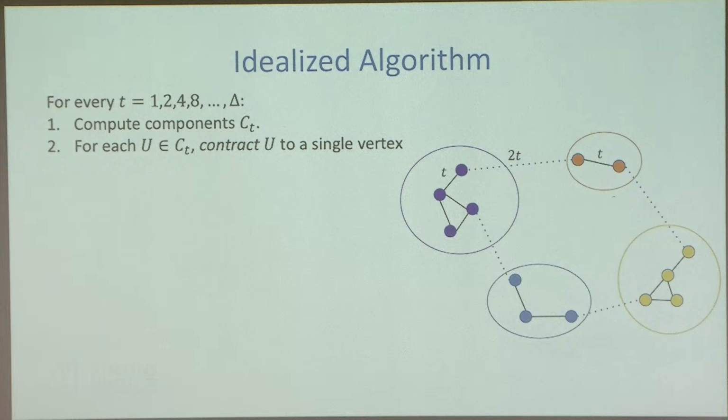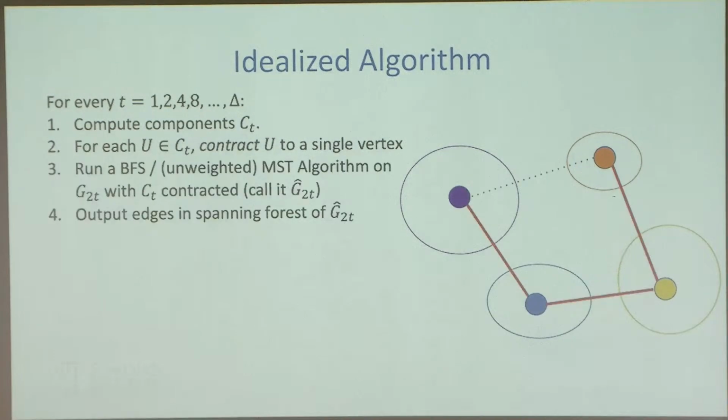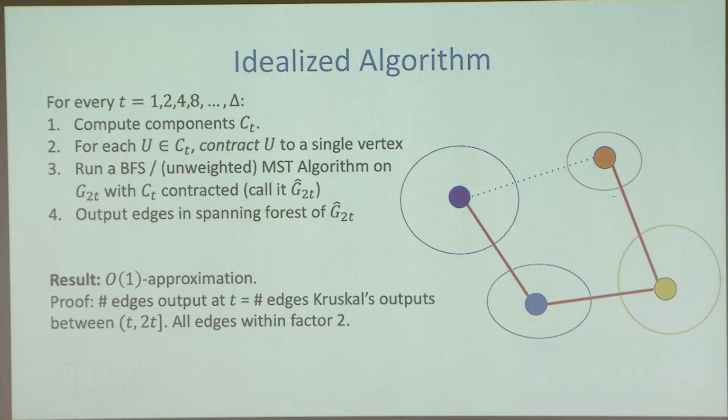If there's an edge connecting two connected components, then you just add it into your tree edge set. We can use BFS to find which edges we add. And then finally, we can get a constant approximation.